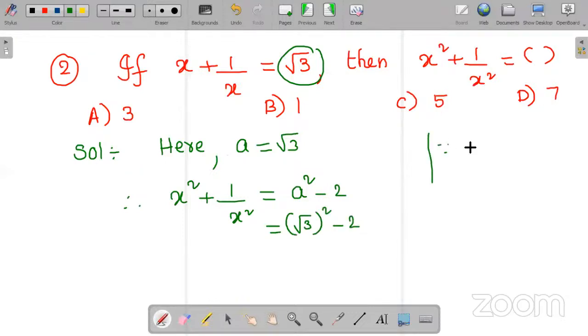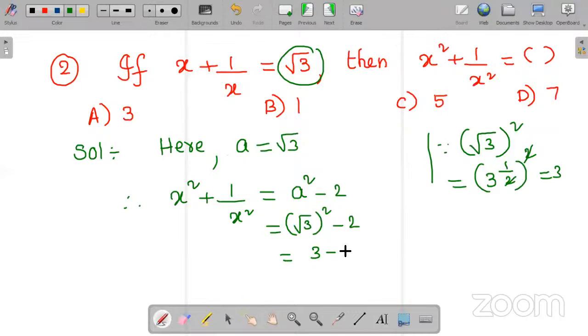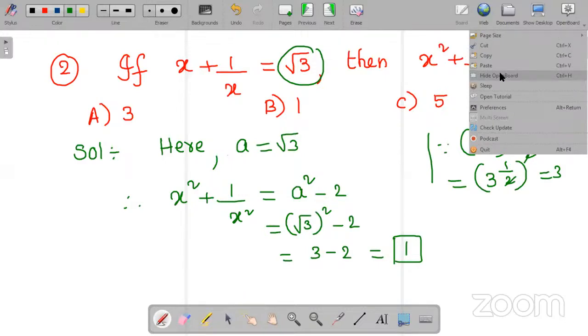So my dear students, remember root 3 whole square is equal to, root 3 means 3 to the power of half, whole square. This 2 gets cancelled. We have 3. So 3 minus 2 is equal to 1. Now tell me, what is the answer? Check your options. All of you.